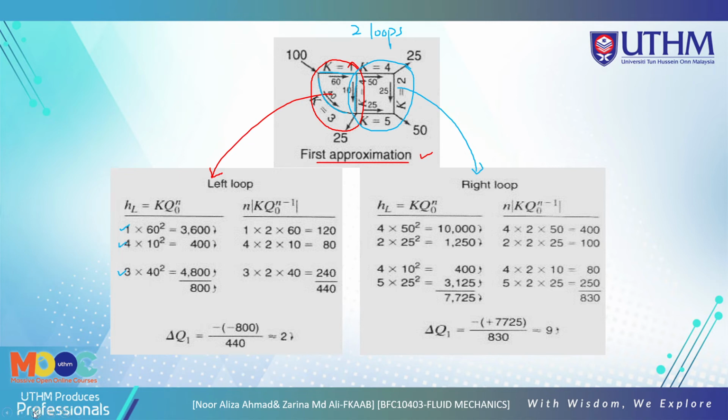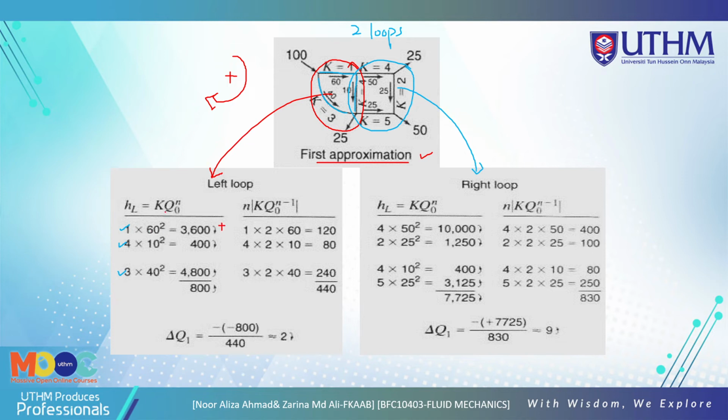So this is based on clockwise, you get the positive. That's why K1 here is positive. So clockwise is positive.